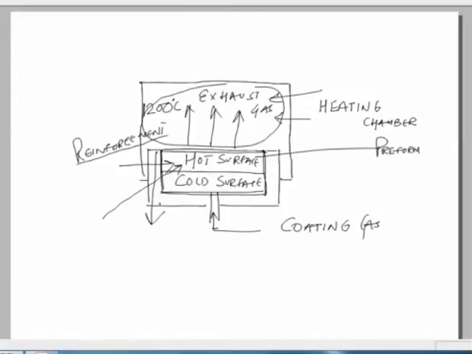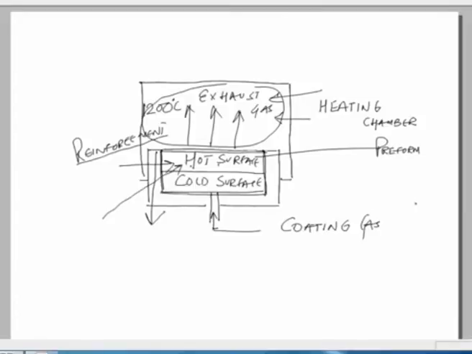So the coating would take place first at the top, that is the hot surface that we have already written, and then finally it will traverse down. In the top portion the solid would be deposited first, and then towards the bottom we will get the deposition of the matrix at a later stage.